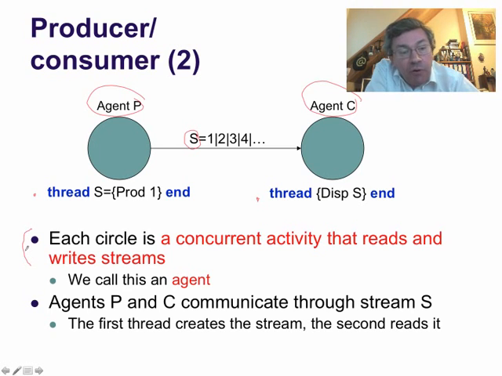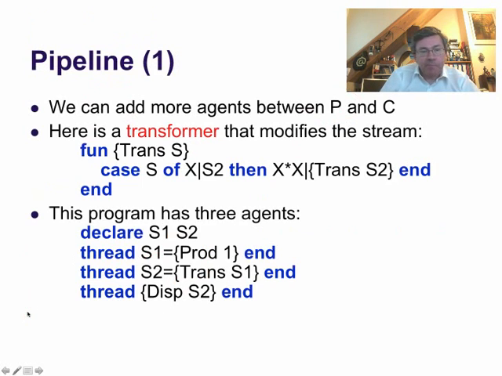So each of the circles, each of the agents, is a concurrent activity that reads and writes streams. Now here agent P is just writing one stream, agent C is reading one stream, but of course there could be more. So this idea, a concurrent activity that reads and writes streams, this is what we call an agent. Okay, so we have two agents and a communication channel connecting them.